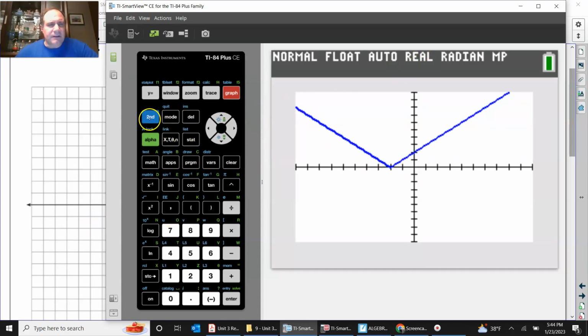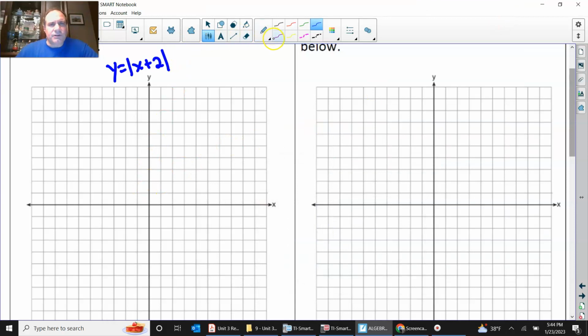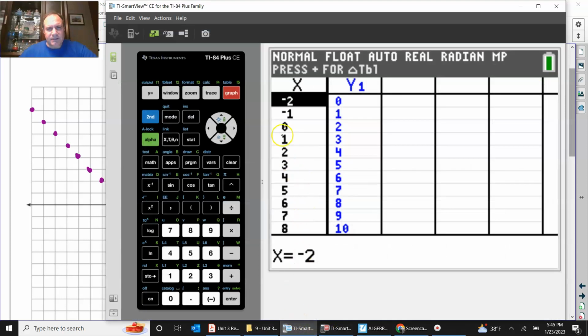So we have negative 2, 0. I'm just going to go to negative 2, 0 and make a point there, and every absolute value is a V shape. This is kind of like a negative x, and then it stops right there and goes right here. I'm just going to check to see if I have 0, 2 as part of my graph.